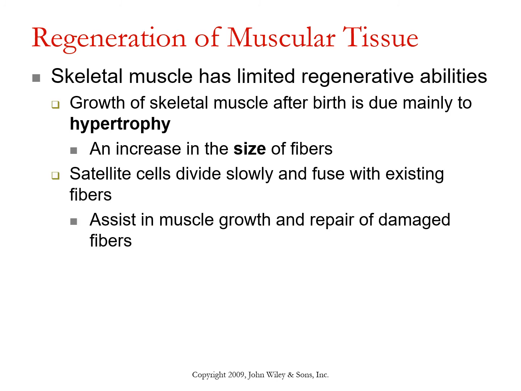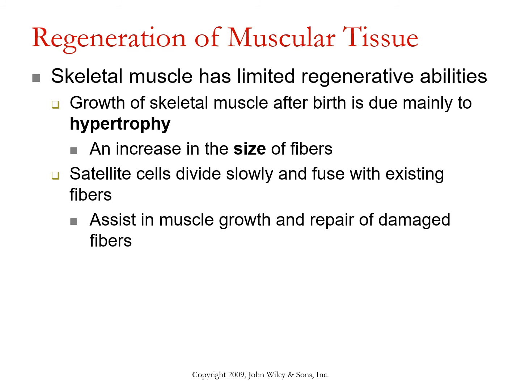So skeletal muscle fibers grow with the proliferation of precursor cells called satellite cells that slowly divide and fuse with existing fibers. So the existing fibers cannot divide to make new muscle fibers. However, they can grow by fusing with these less mature satellite cells.